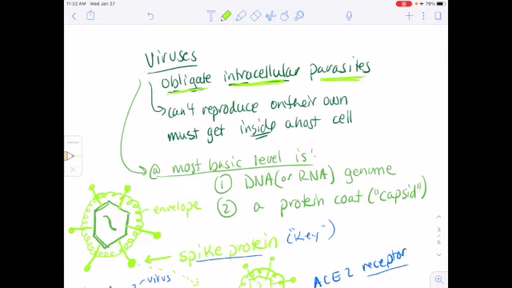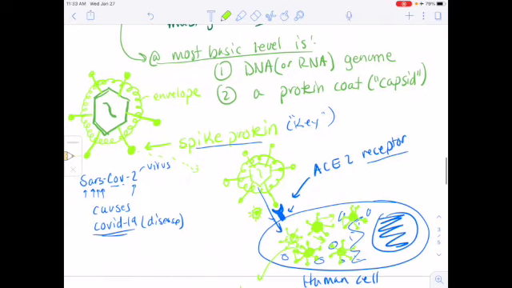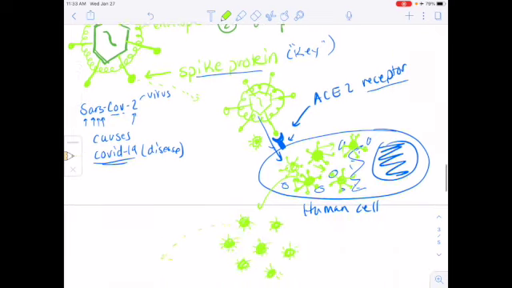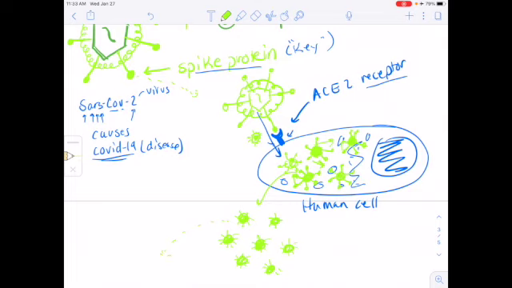They get inside your cells. What lets the SARS-CoV-2 virus get inside your cell is this spike protein binding to the ACE2 receptors on the surface of your cells. They get inside your cells, make way more of themselves, and that's what causes problems and often clinical disease.